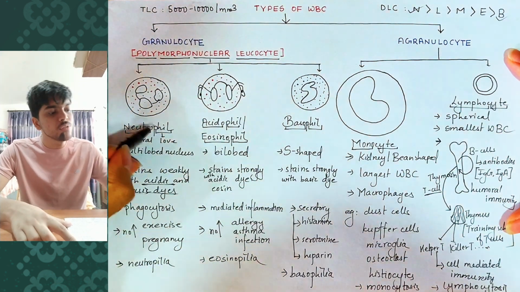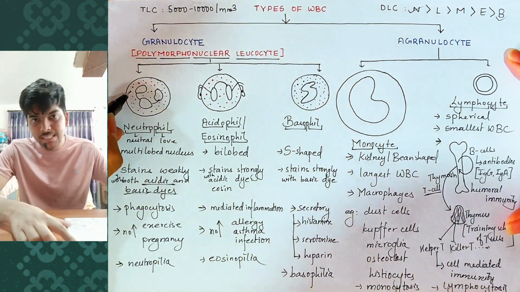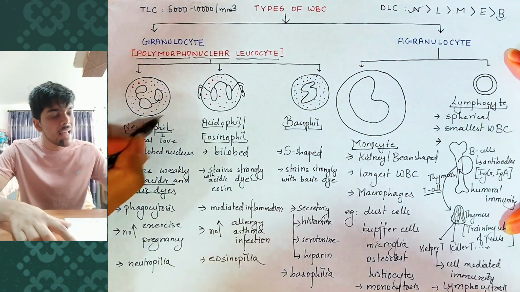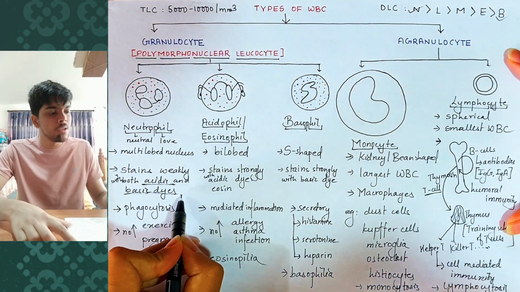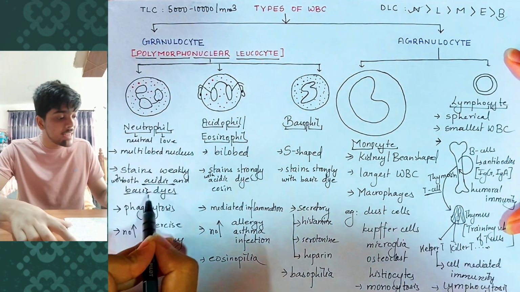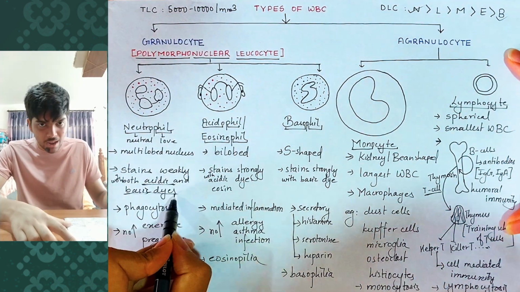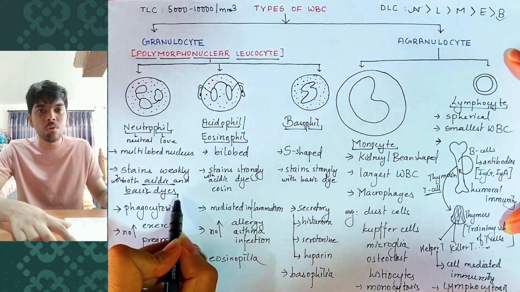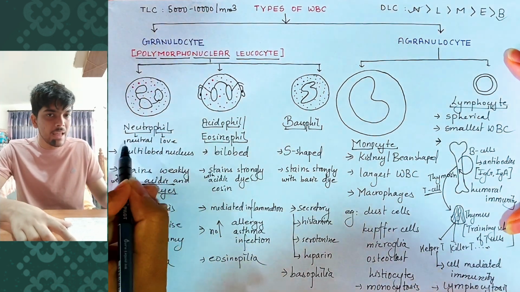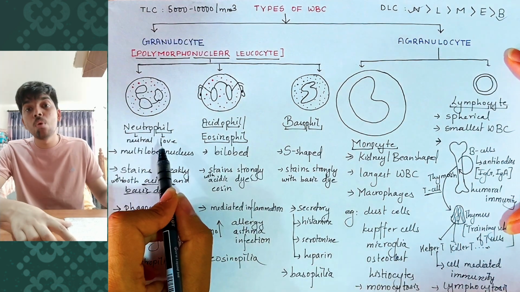Since neutrophil contains both acidic granules and basic granules, the cell gets stained by both acidic and basic dyes. Since it gets stained by both, neutrophil loves both acidic and basic dyes equally, or neutrally, and that's why it's called neutrophil.